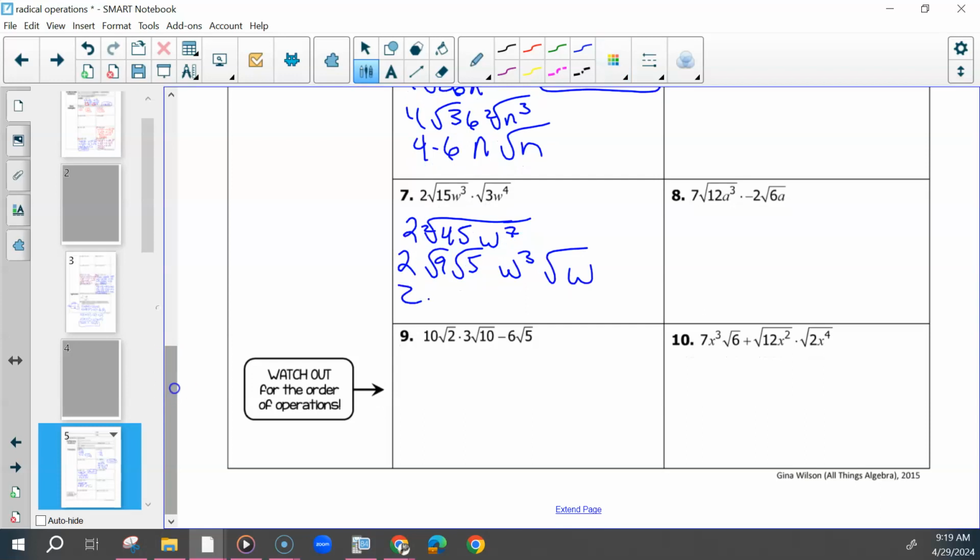We have 2 times 3. I'm going to move the w to the 3rd to the front, and underneath the radical, 5w. So our final answer would be 6 w to the 3rd times the square root of 5w. You can put in parentheses here. You don't need them, but you can if you want.